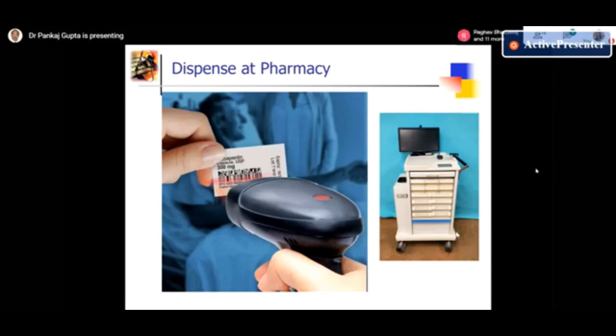So the cart is an intelligent cart. It knows which medicine is for which nursing station. Somebody will take the cart to the various nursing stations, and automatically the cart will indicate this particular packet is for this nursing station, and the nurse can take it out and use it.